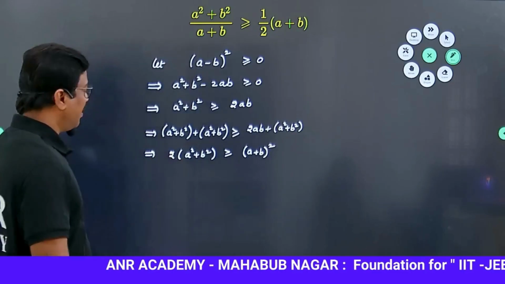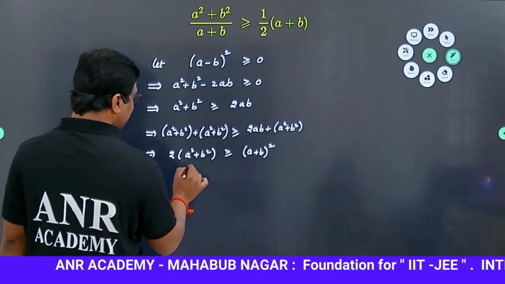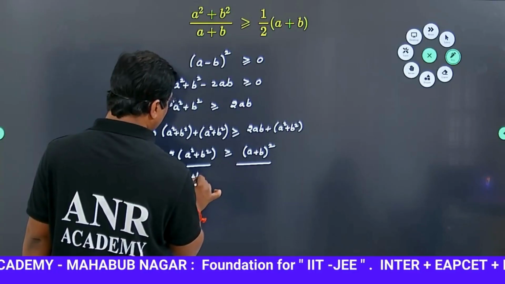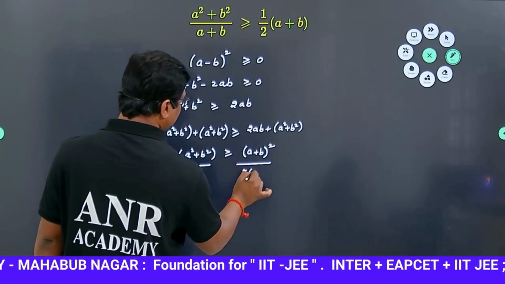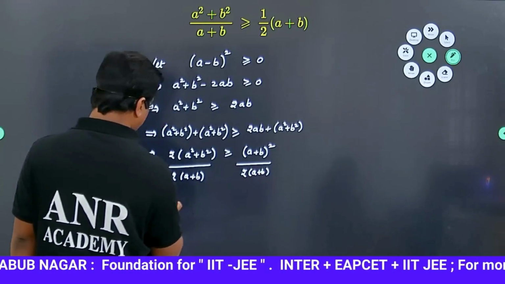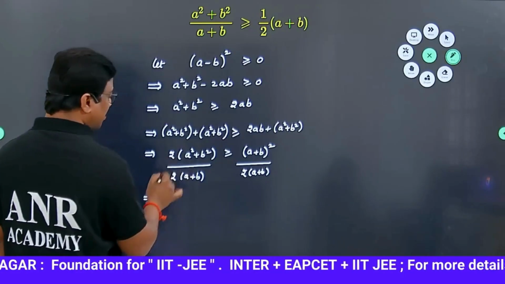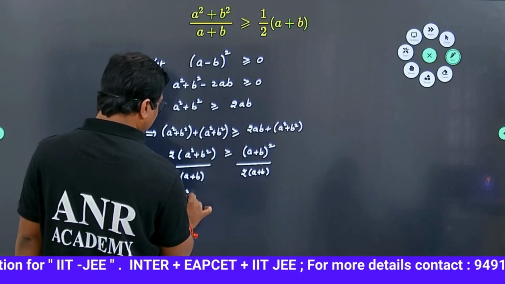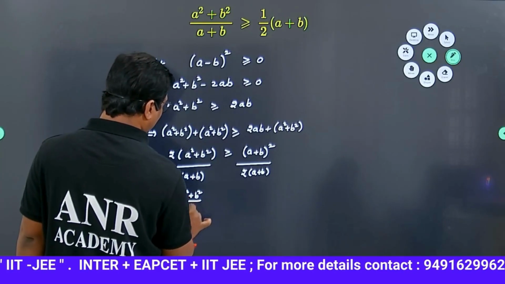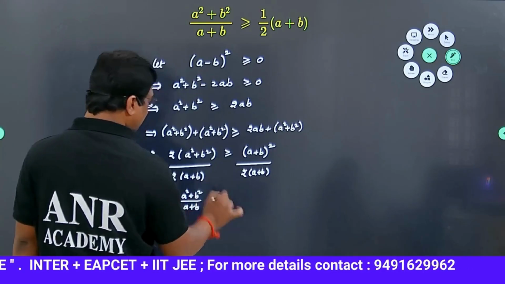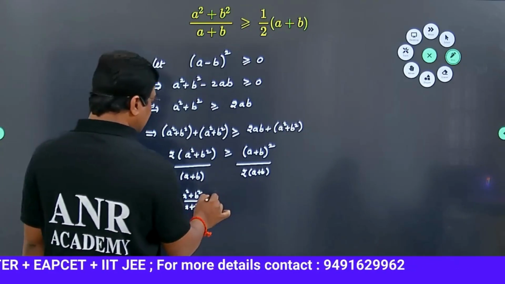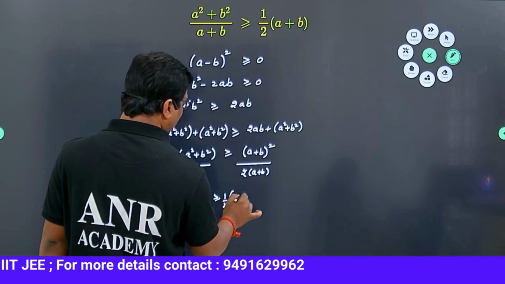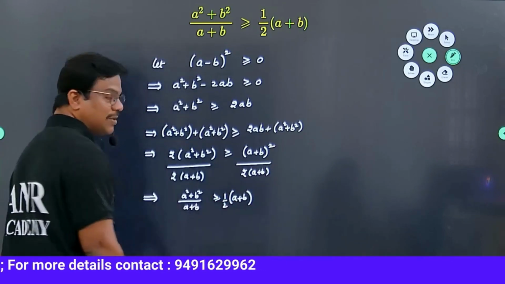Now divide both the sides with 2 times of (a + b), you will get the result. Here a plus b is more than 0. What happens? Observe. (a² + b²)/(a + b) is greater than or equal to half of (a + b). That's all.